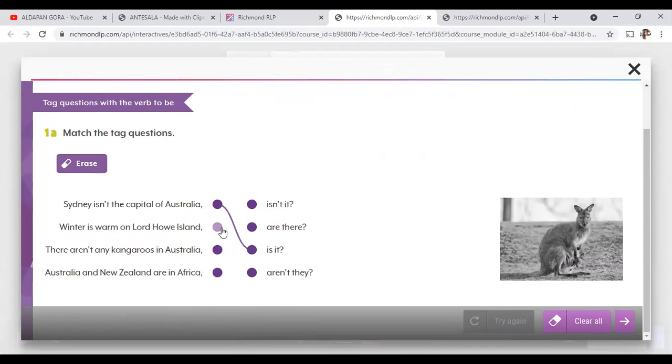The third question is, isn't it? There aren't any kangaroos in Australia. Are there? And the last is this, okay? This is the first exercise. Thank you, teacher. You're welcome.